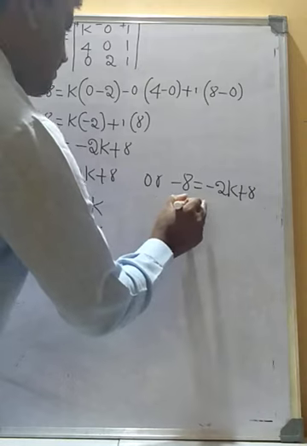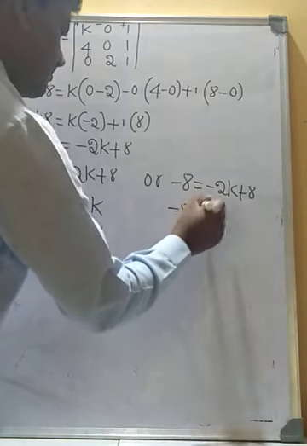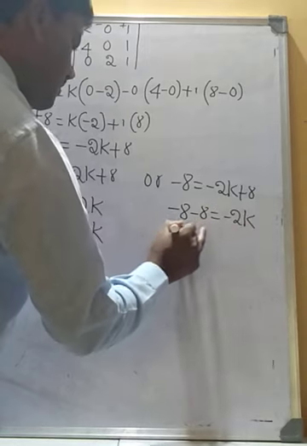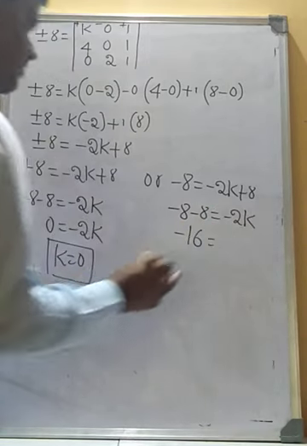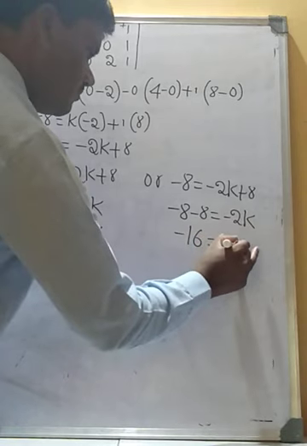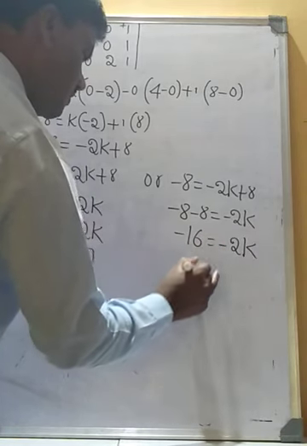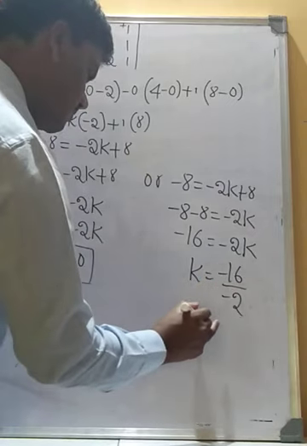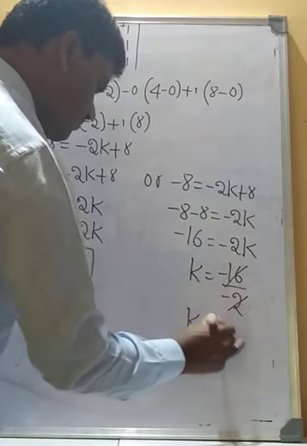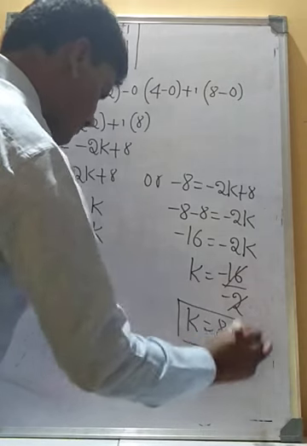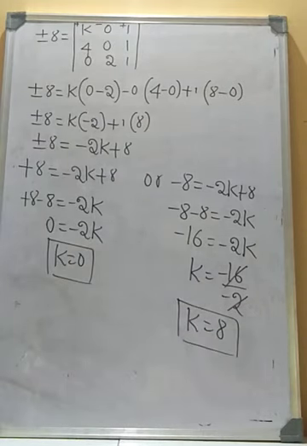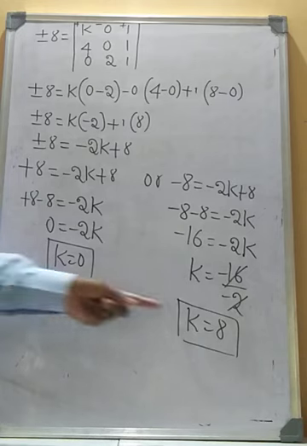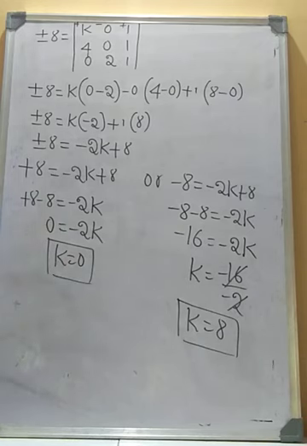Or minus 8, transposing plus 8 to the left side, becomes minus 16 is equal to minus 2k, therefore k is equal to minus 16 divided by minus 2, which is 8. The value of k is 0 or 8.